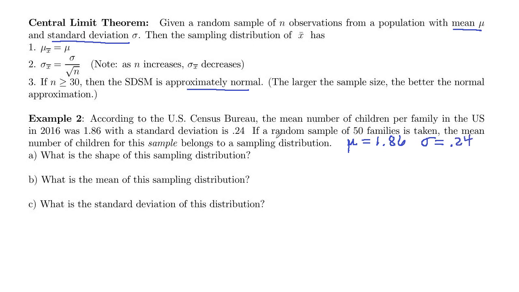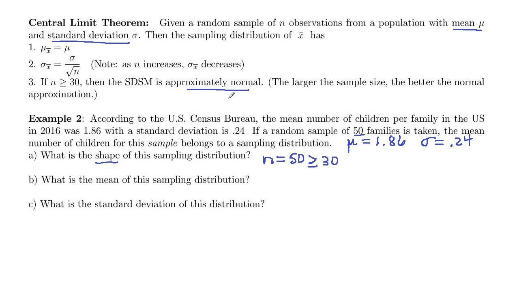And then if a random sample of 50 families is taken, the mean number of children for this sample belongs to a sampling distribution. It's going to be this sampling distribution of the sample mean for samples of size 50. So we want to know, what is the shape of that sampling distribution? Well, our sample size n here is equal to 50, and that is greater than or equal to 30.